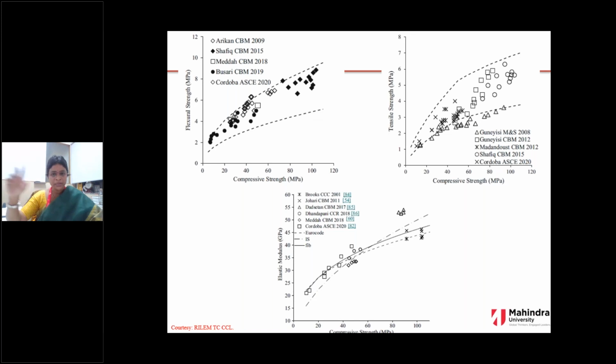They are very much similar when compared to the OPC strength related to flexure, related to tensile strength, as well as the elastic modulus.